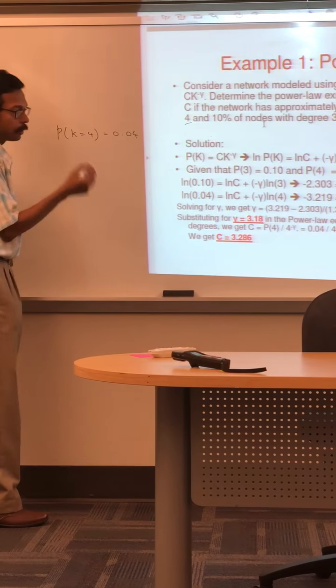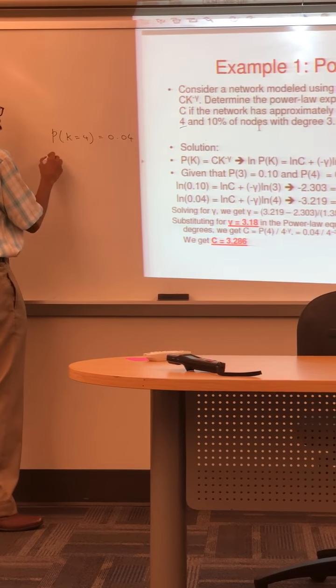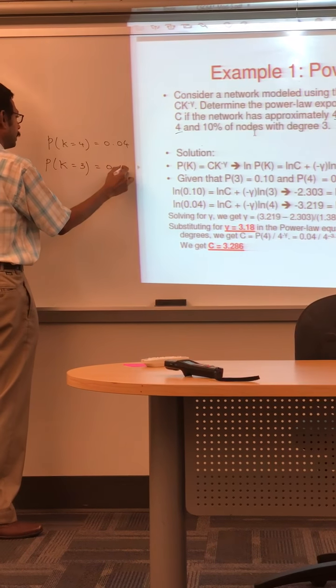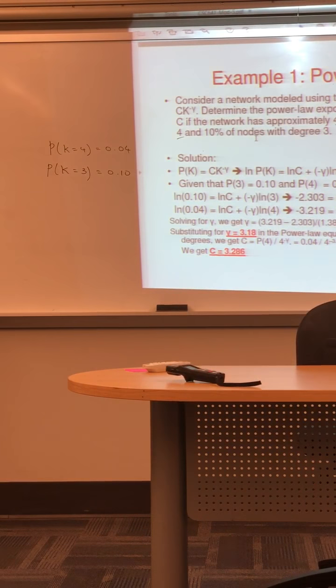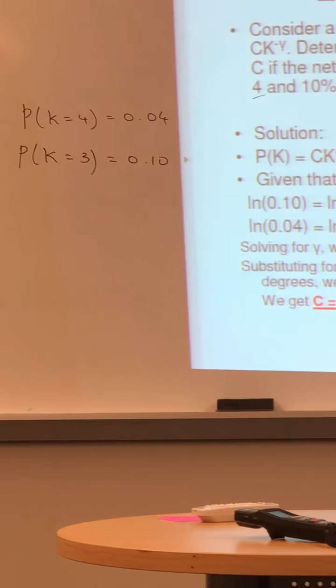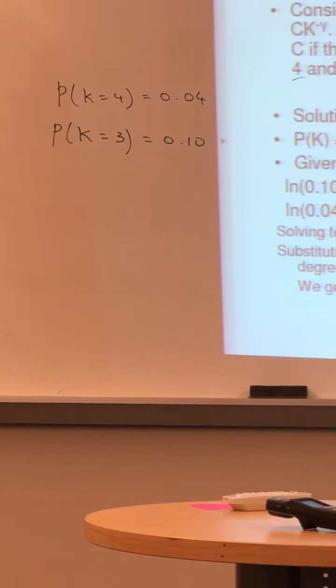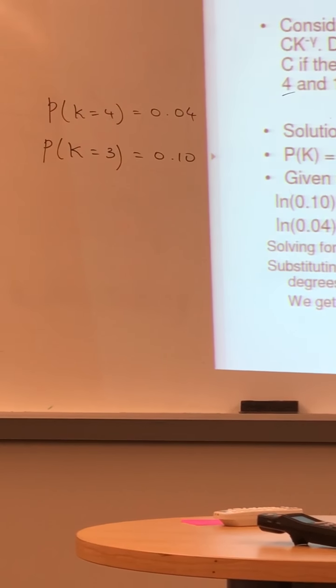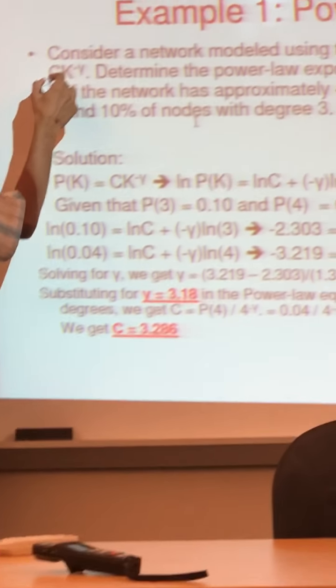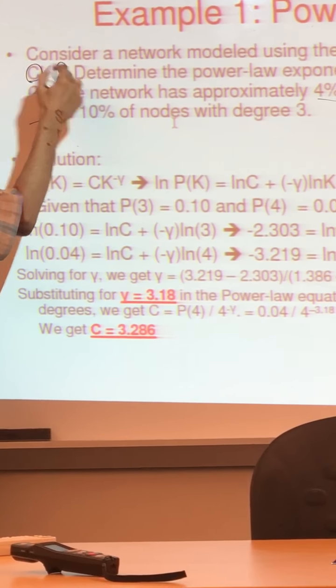And 10% of the nodes have degree 3, so the probability of finding a node with degree 3 is 10%. This is what is given: the P of k values for k equals 3 and 4. Now we need to find the two values, the constant and the exponent.